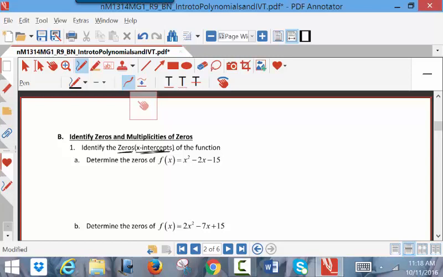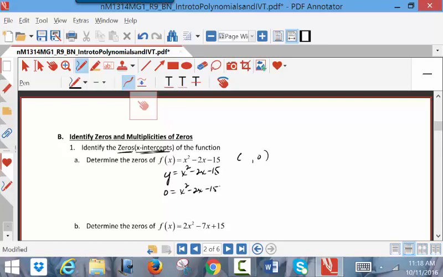So in part A, it says, what are the zeros of this function, which means what are the x-intercepts? Well, remember the x-intercepts occur when the y value is 0. So if I take it out of function notation, and I replace now the y value with 0, I need to find the x values that cause that result.